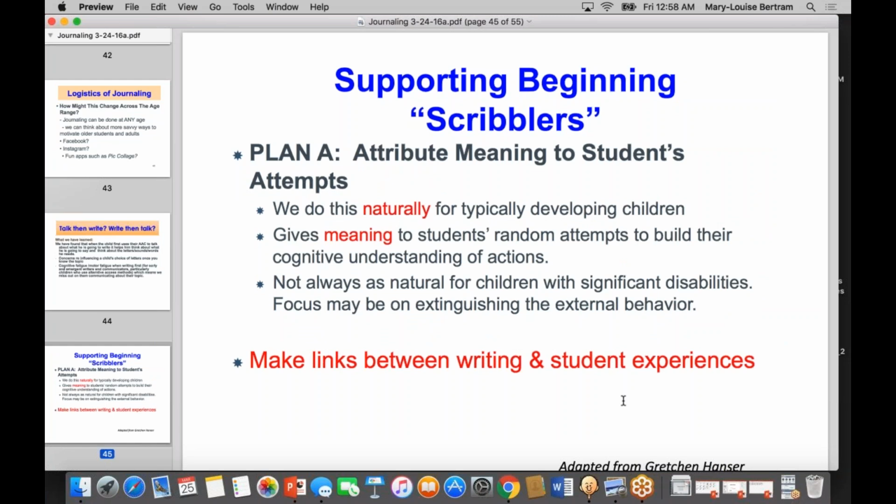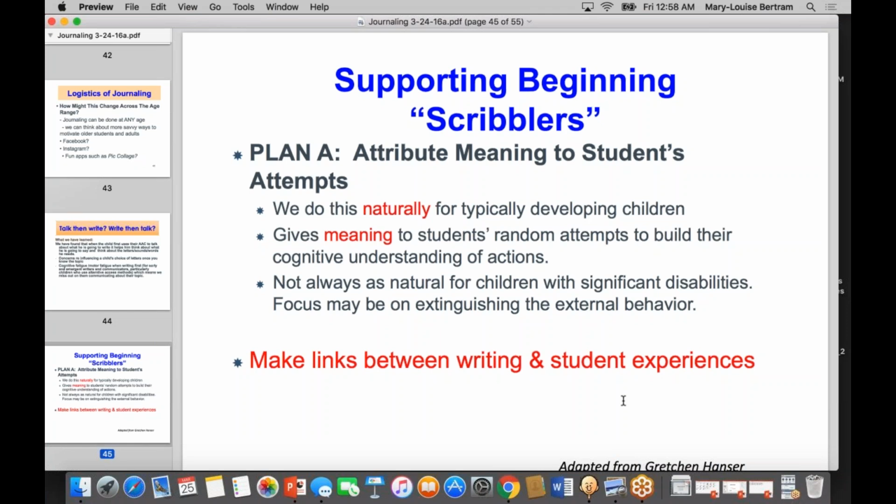I just wanted a little bit of summary that our plan A for the after part is to attribute meaning, and we just do this so naturally for typically developing children, and sometimes we forget to do this for our students who use AAC and can't tell us. It gives meaning to random attempts, like when they're doing fairy bread, but then there was an M, and so we get to talk about, was Mom at the party?